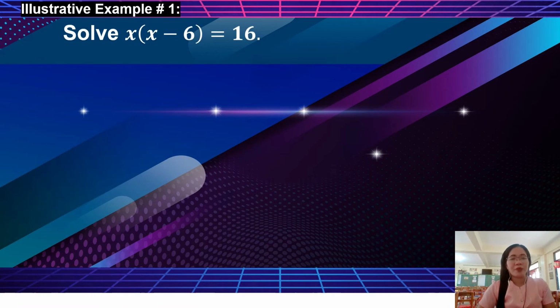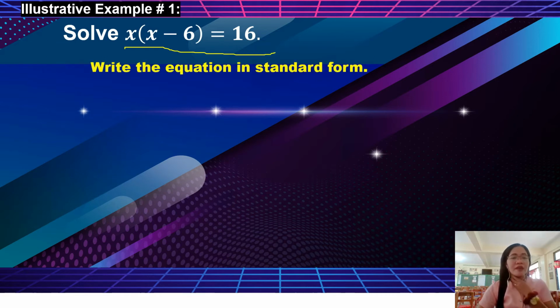So, for example, solve x multiplied by x minus 6 equals 16. As what you had noticed, the given is not yet in standard form. So our first step here is to write the equation in standard form. And again, the standard form of a quadratic equation is ax squared plus bx plus c is equal to 0.